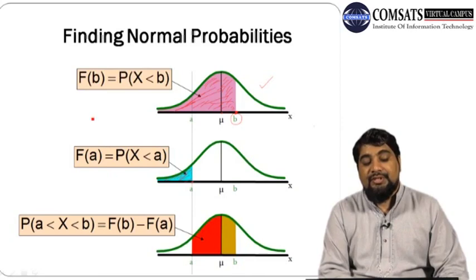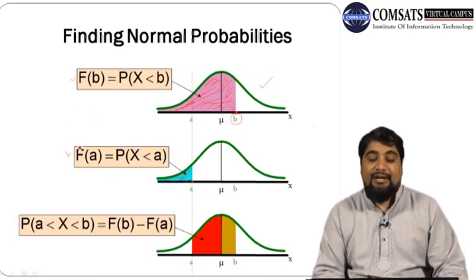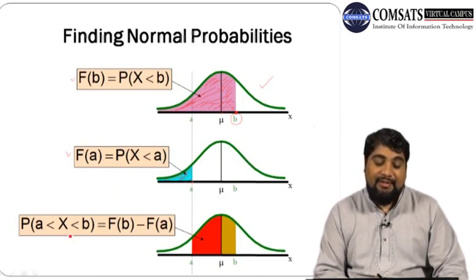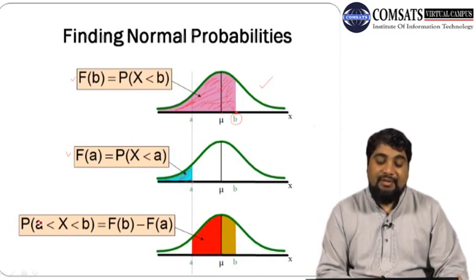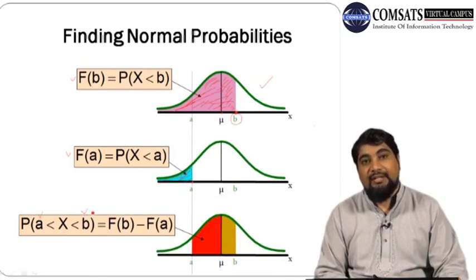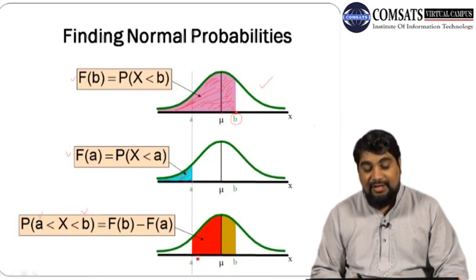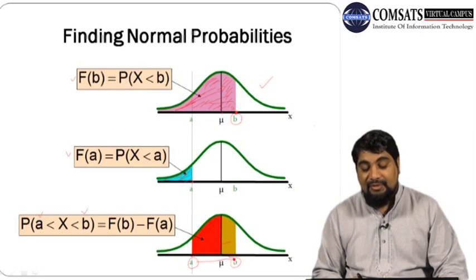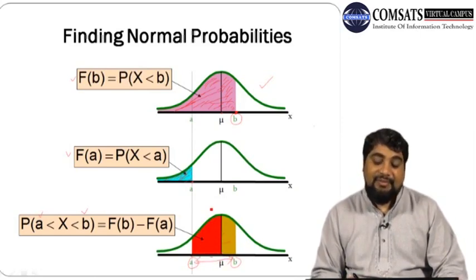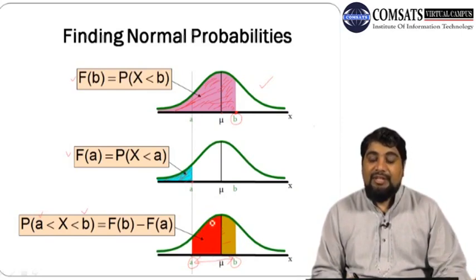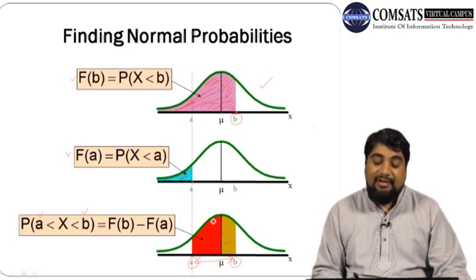Now we can use these two concepts to calculate the probability that random variable x lies between a and b. In other words, we are interested in finding the area which lies between a and b. This middle area is our required area. In order to calculate this area we can use the concept of CDF.